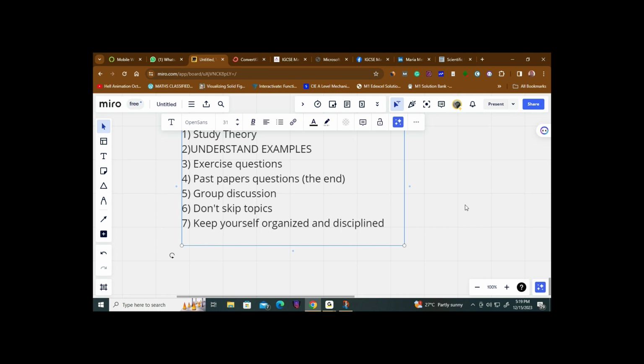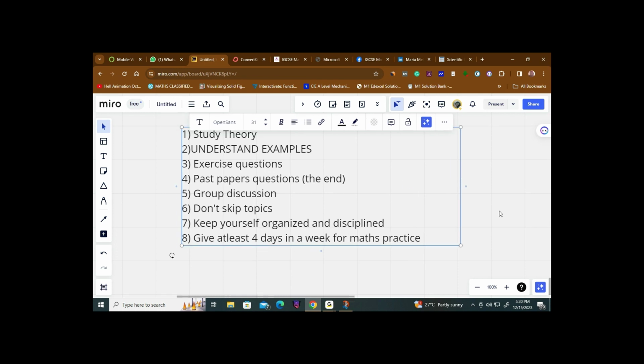It is very crucial because maths demands practice. These are the very key points you should adopt. If you haven't adopted them yet, try to adopt them. Try to exercise on it.